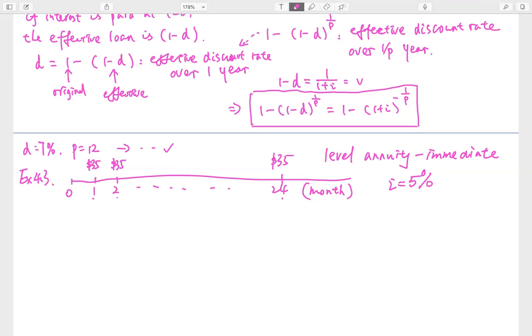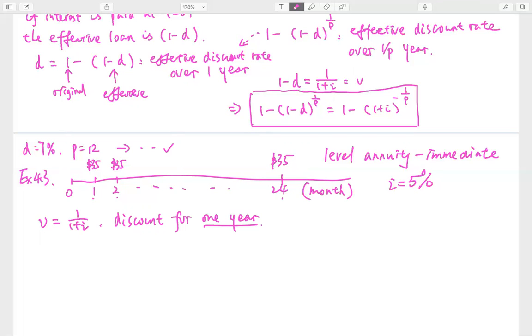What we care about is the discount for that unit period. Previously, v equals 1 over 1 plus i. This is the discount for 1 year. Now, our unit is not year, our unit is months. So we want something for 1 month. How do you get the discount factor for 1 month?